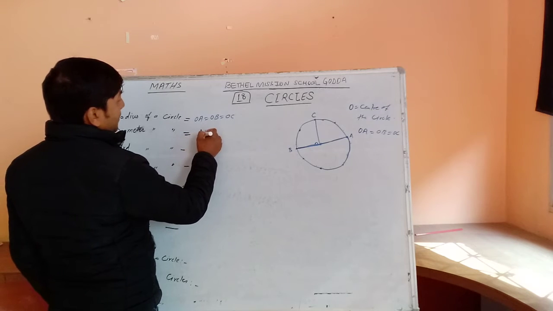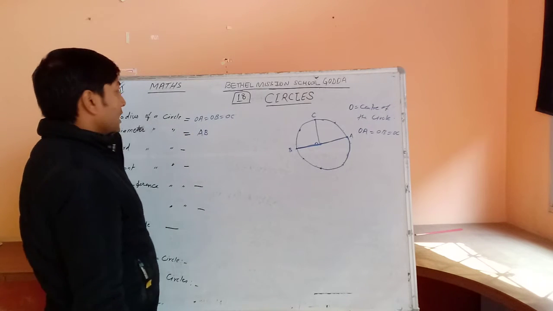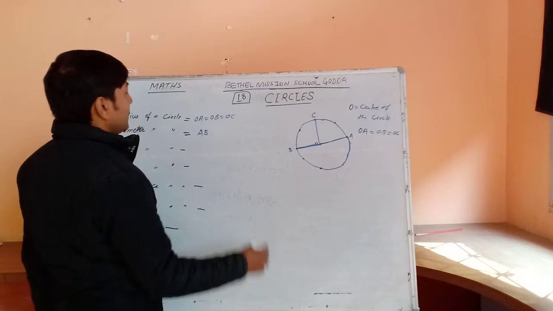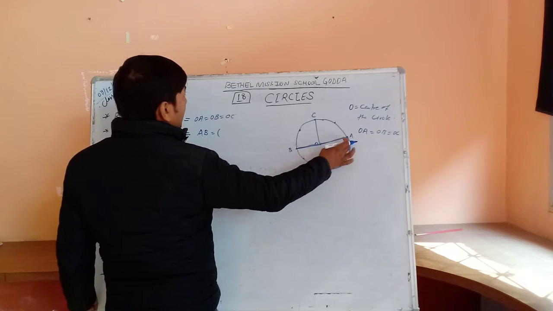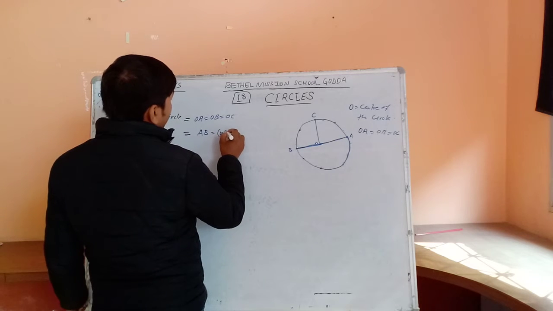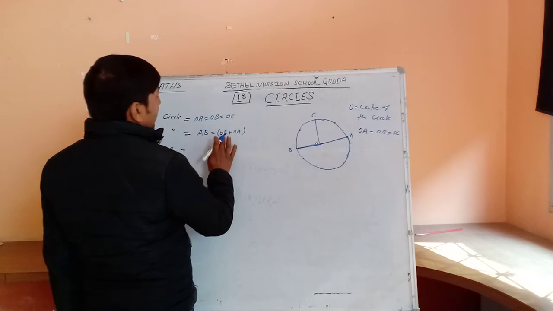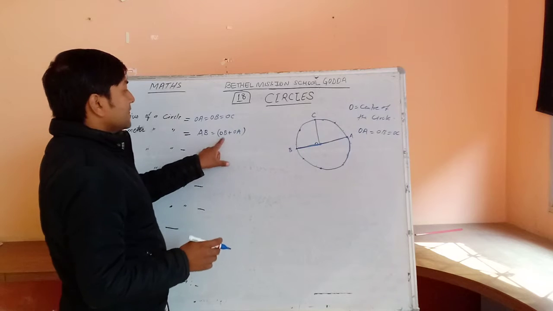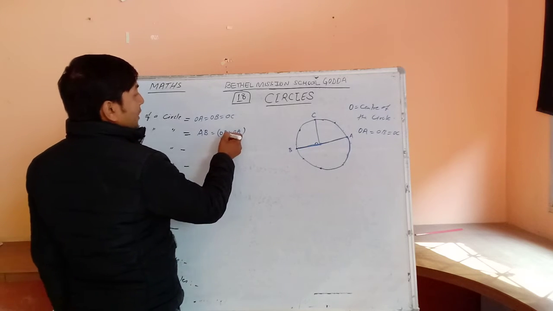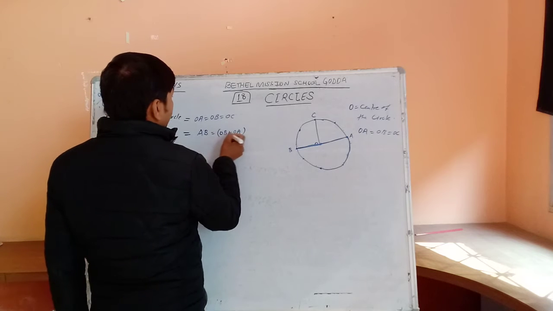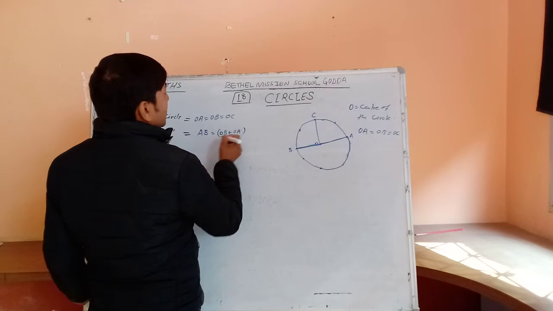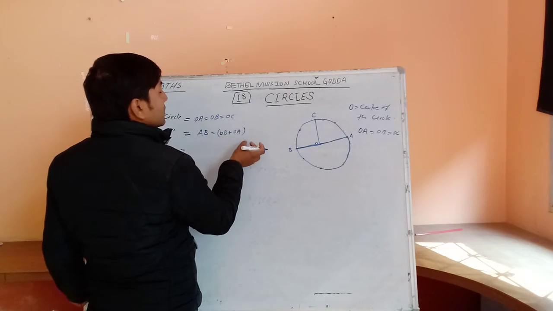It means AB is a diameter, and AB you can write as OB plus OA. OA is a radius, OB is a radius, so both are equal, OA equal to OB.